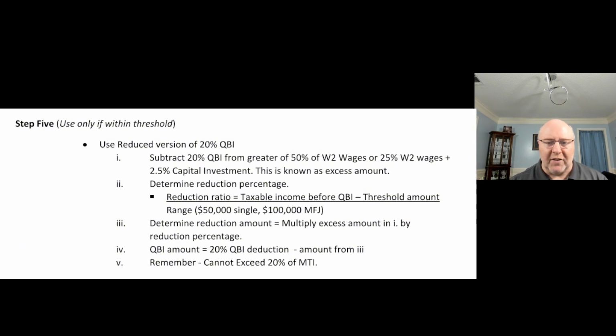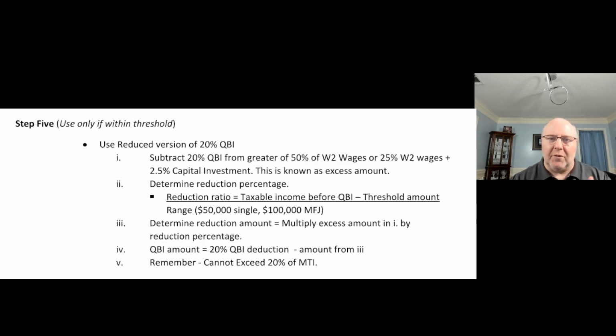which was the beginning phase out amount, and then we're going to divide it by the range. The range will always be either $50,000 if you're single or $100,000 if you're married filing jointly. So for a single individual, we take our modified taxable income minus the beginning threshold amount, divided by $50,000, and that gives us our reduction ratio. Then we go back to step 1 and ask what our excess amount was.